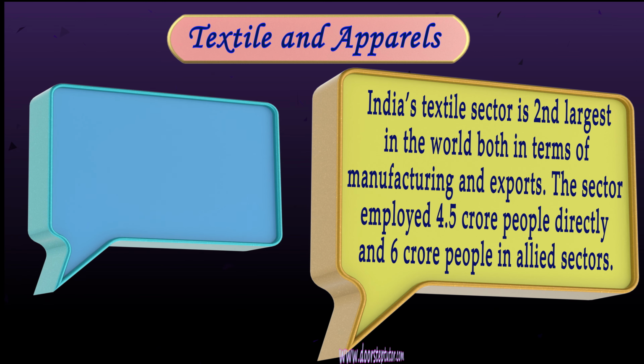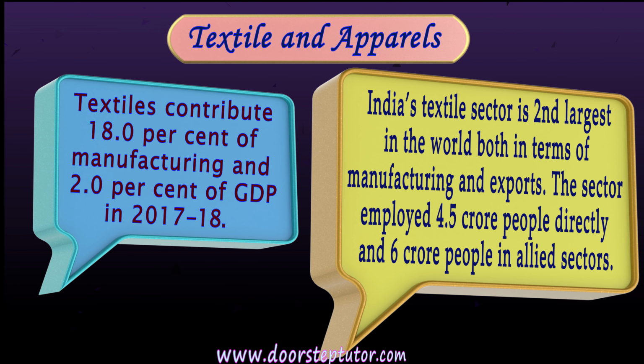The contribution of the textile sector to the manufacturing sector was 18% and to the country's GDP was 2% in FY 2018. India's textile sector is second largest in the world, both in terms of manufacturing and exports. So the importance of this sector can be seen from the numbers as well.